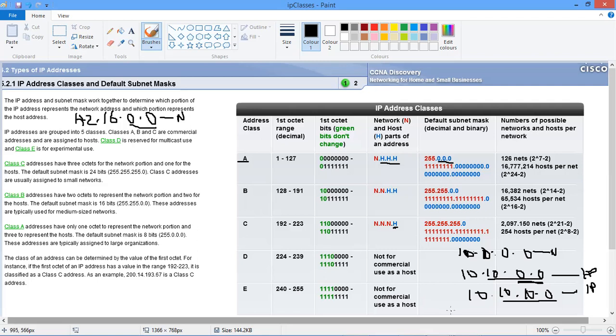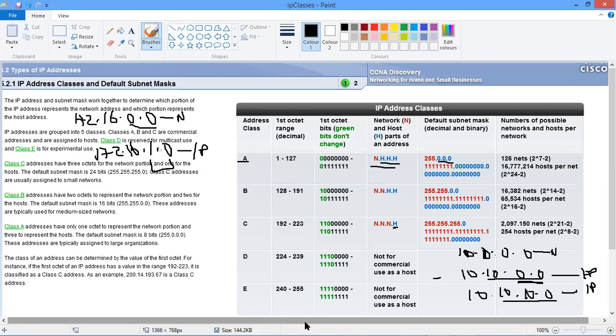Because of the difference in classes, here is class A. Class A is saying this. So class B, the IP address is 172.16.1.0. Sorry. This one is an IP address. Why? Because the subnet IDs are not completely zero.